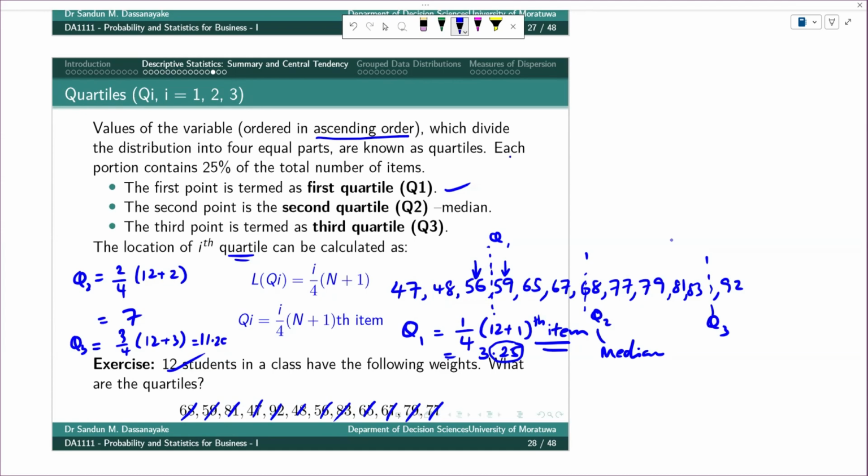Now you have organized this according to ascending order, right? So let's say 1, 2, 3, and all the way. If you order them, you have 47, 48, 56, and 59. So we assume that these values follow a linear trend.